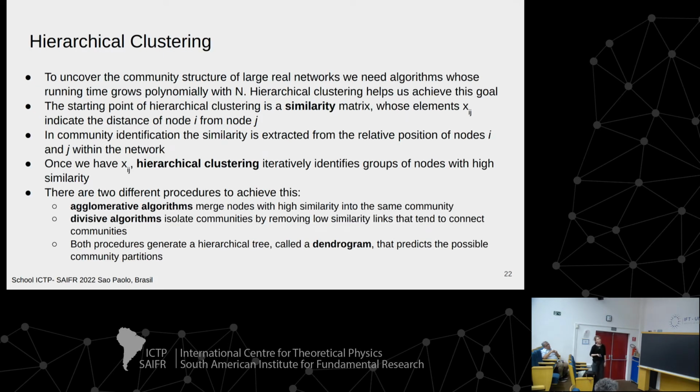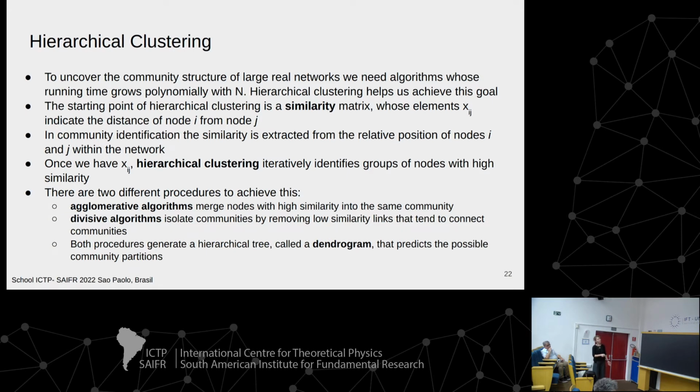So what would be the basic algorithm to extract the groups when we have the network? This would be hierarchical clustering, yes? We have two ways to proceed with hierarchical clustering: agglomerative algorithms and divisive algorithms.